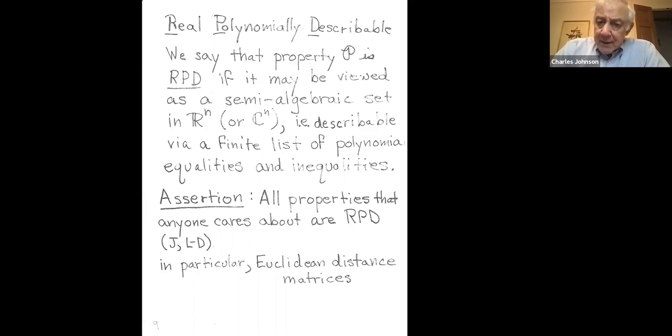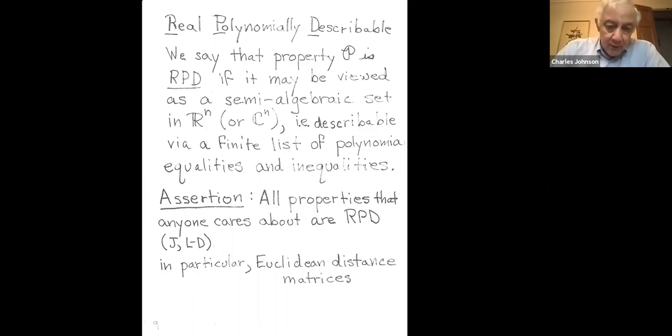So I can describe this property by a finite list of polynomial inequalities and perhaps equalities with the proper ands and ors in this list. This is an idea from real algebraic geometry, which Monique also mentioned, and a set is called semi-algebraic if I can describe it by a finite list of these polynomial inequalities and equalities.